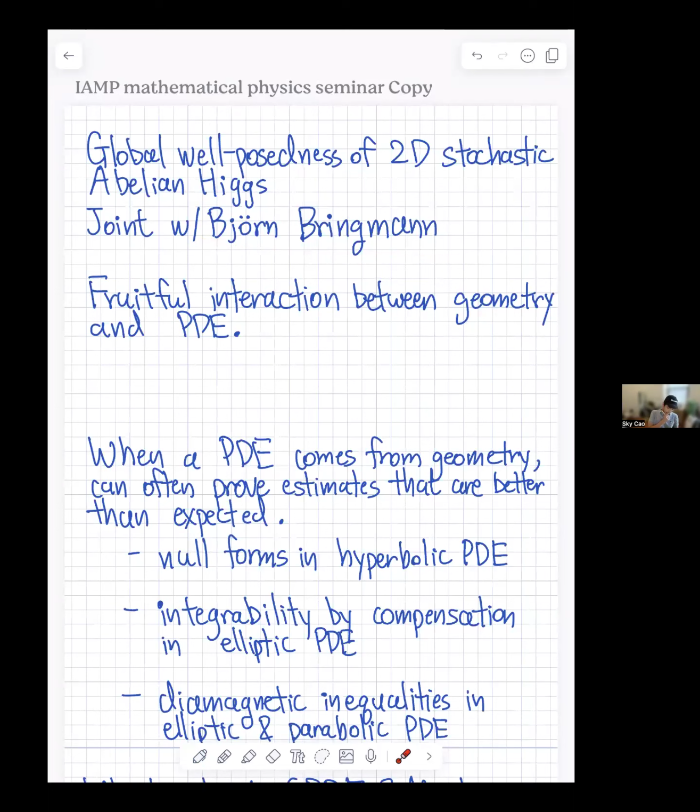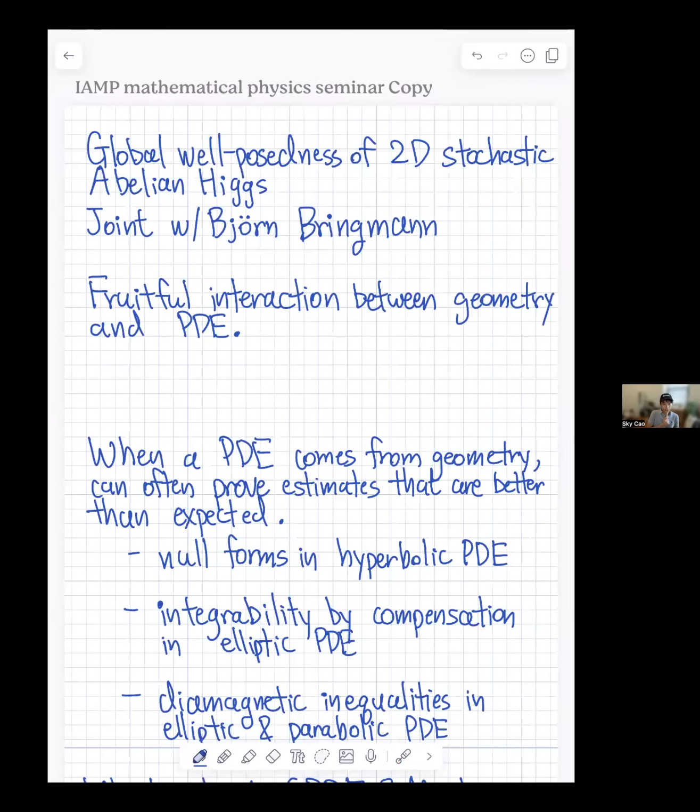And let me begin my talk by discussing this classical, very fruitful interaction between geometry and PDE. So on the one hand, if your primary motivation is geometry, you can try to use PDE techniques to prove geometric statements. I mean, that's the whole field of geometric analysis. And I'm not going to talk about that much today, because between geometry and PDE, I think our main motivation is PDE. So we want to prove PDE results.